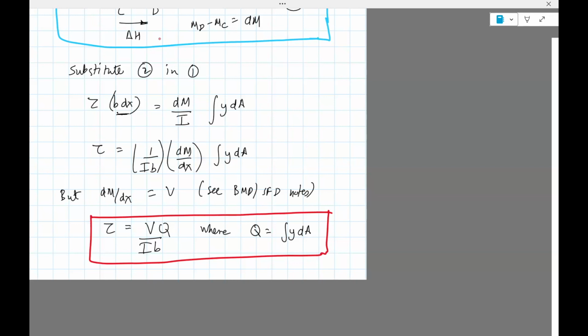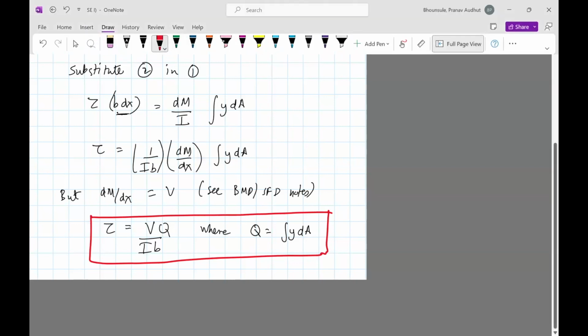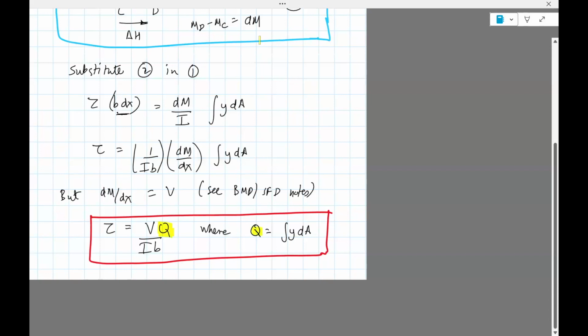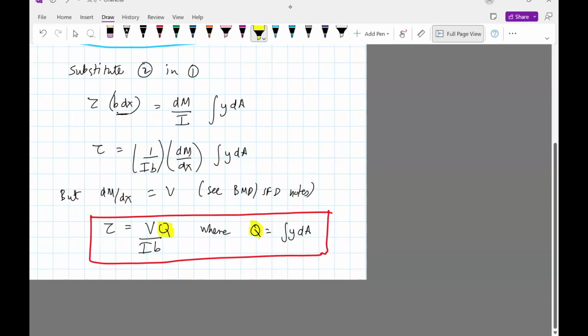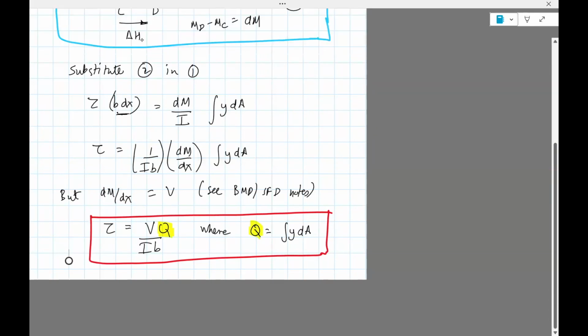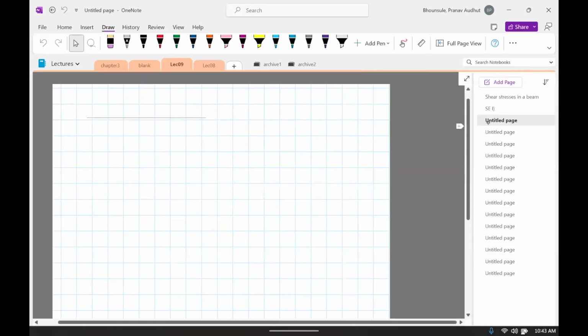Okay, now a little bit about this Q. This Q is important. In particular, how do you really compute this integral? Okay, so this is how you compute this integral, which is needed for any problem involving shear stress.